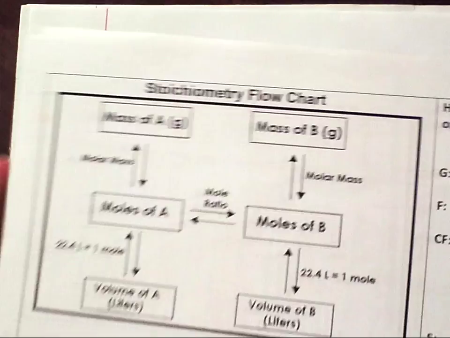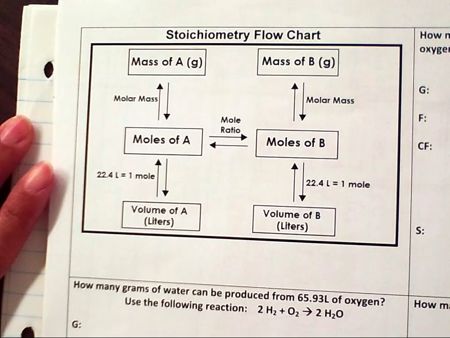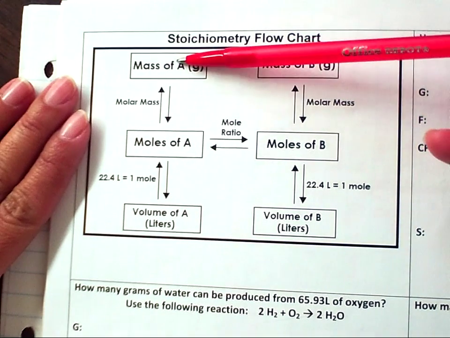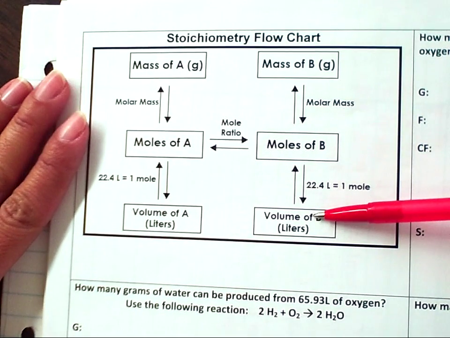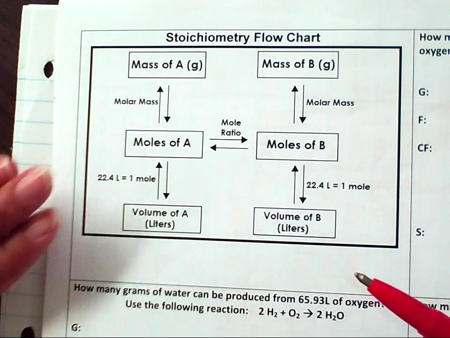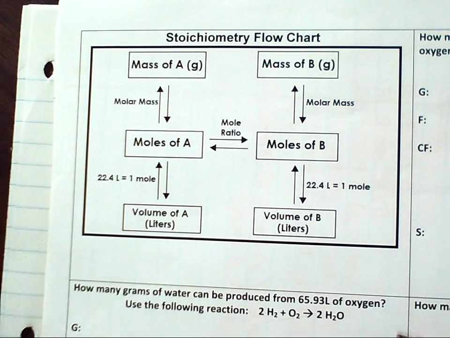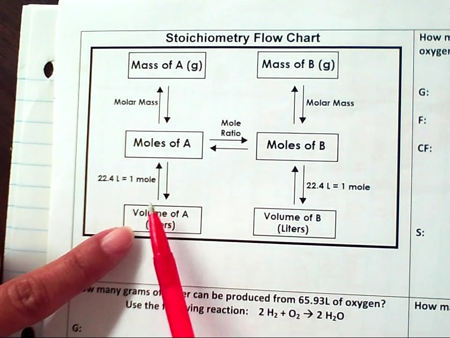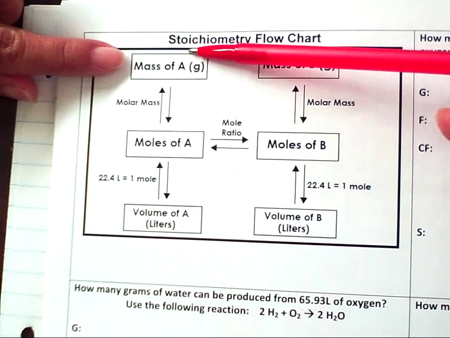Okay, so the lesson for today is we are learning to go from mass to volume or volume to volume using this flow chart. It's exactly the same thing that you did for homework yesterday, except that you might be starting maybe with mass.